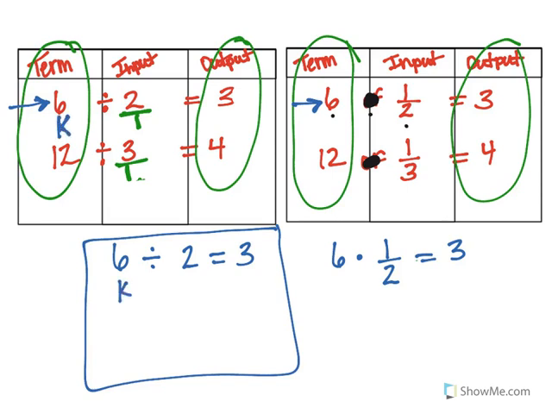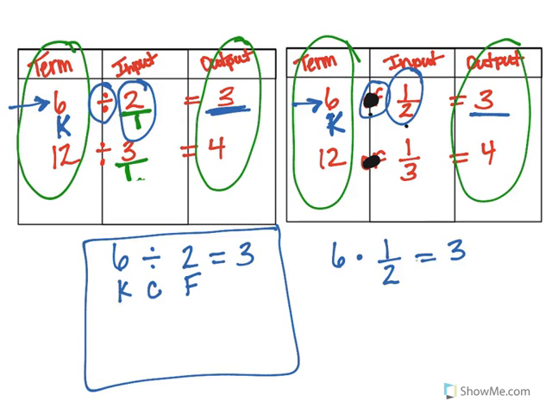We're going to change from division to multiplication, and we're going to flip the second number. 2 over 1 became 1 over 2. And guess what, guys? In the end, you're still going to get the same answer. So if you keep, change, flip, you're going to get the same answer.